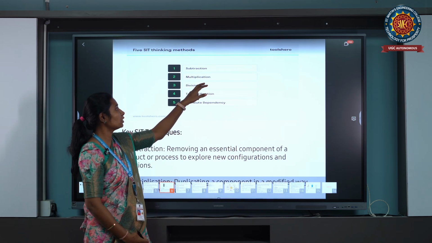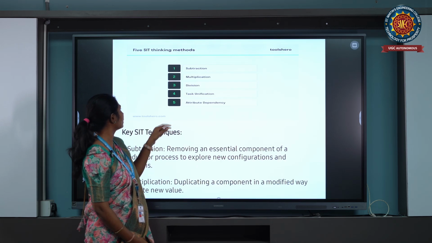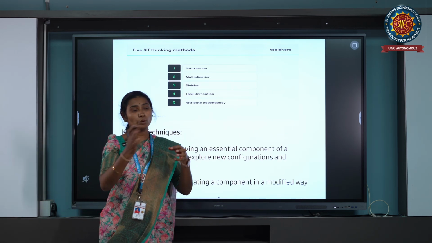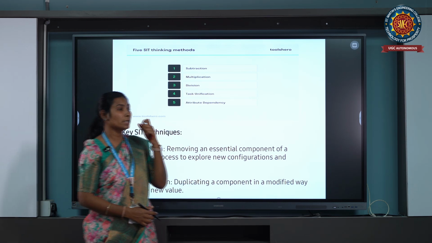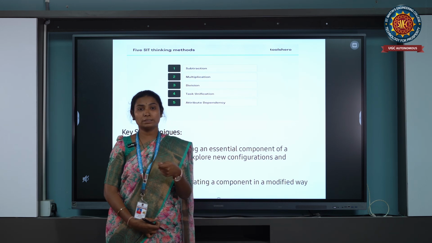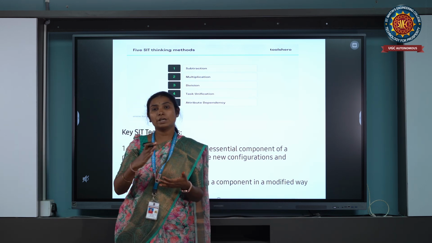Whereas in multiplication, we can add more and more flavors to the coffee. In division, we can put important things first and we can split the coffee with different prices.